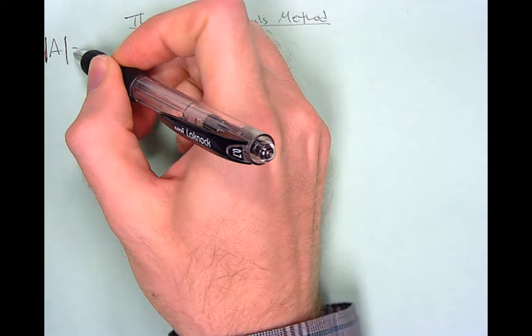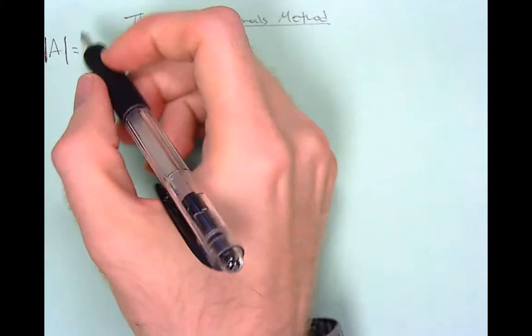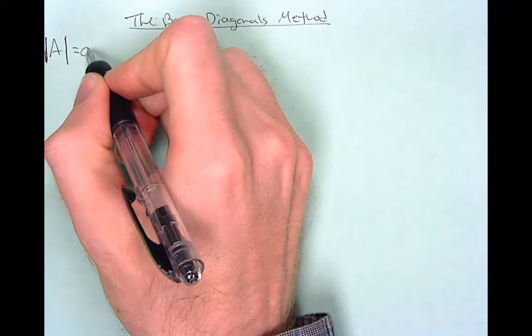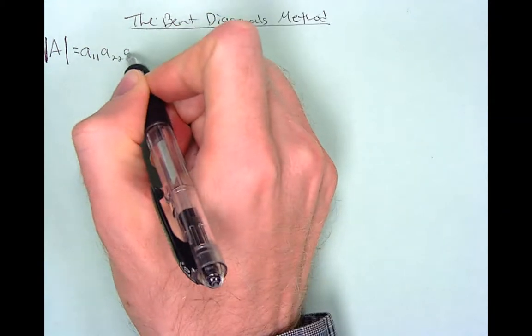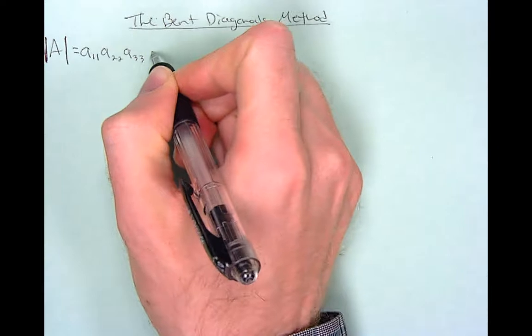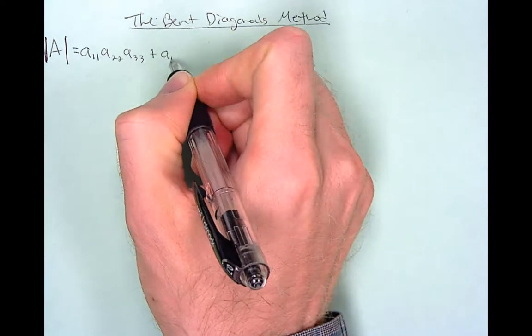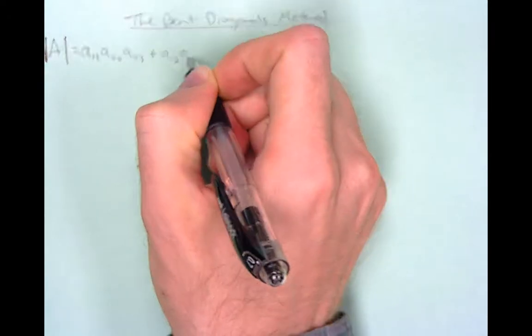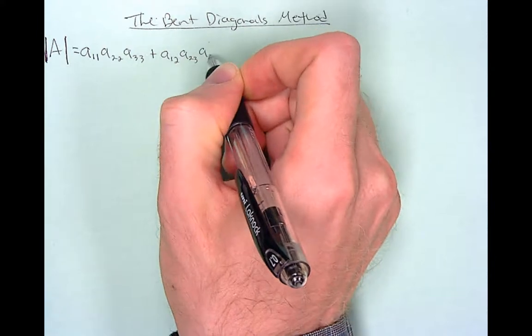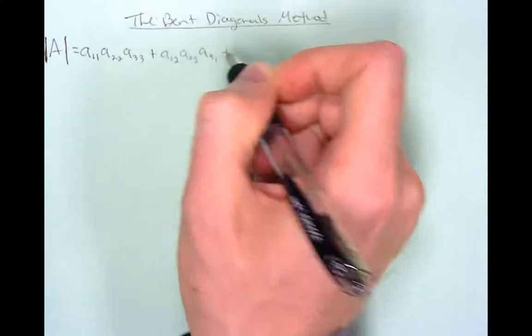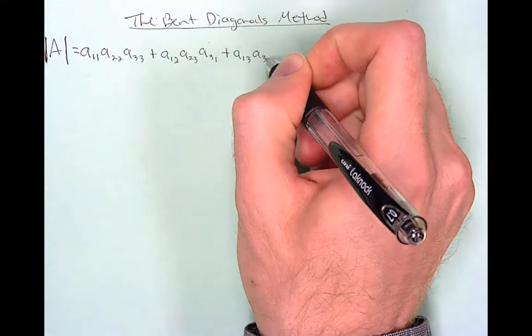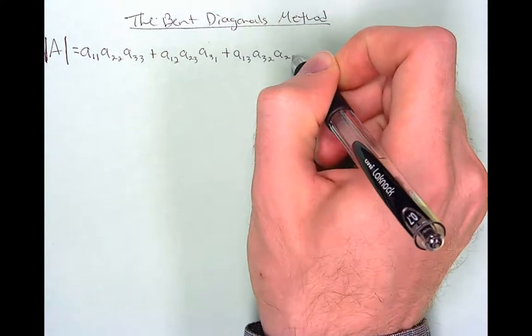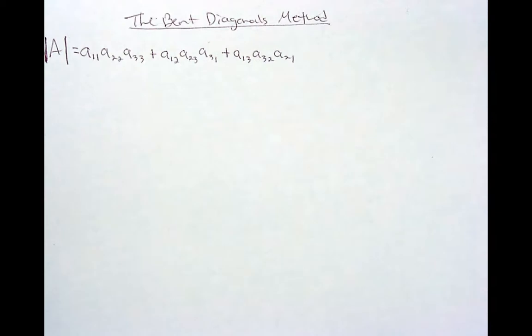And the determinant of this 3x3 matrix A is equal to A sub 1,1 times A sub 2,2 times A sub 3,3 plus A1,2 times A2,3 times A3,1 plus A1,3 times A3,2 times A2,1. But that's not all.